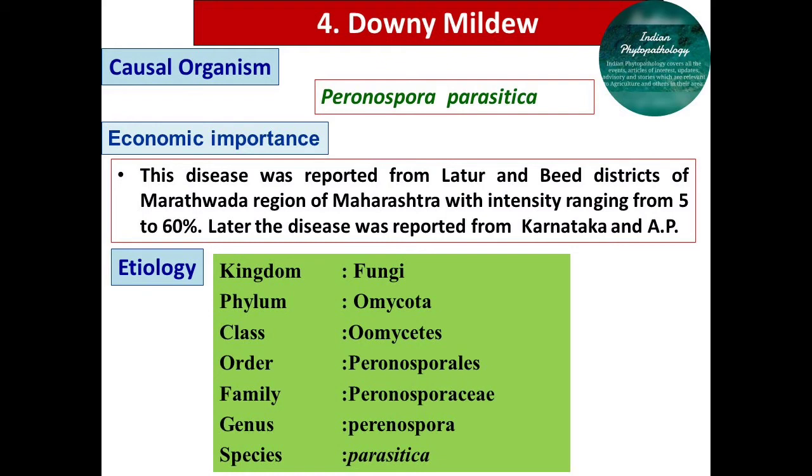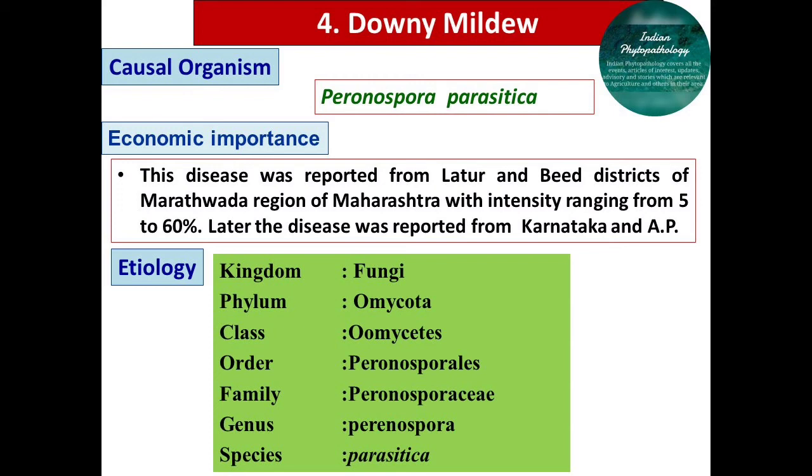Now we will see management. For managing this downy mildew, we have to use regulatory measures to prevent the entry of the pathogen into India. So we can avoid the infection of this disease in new areas. Similarly, we can also follow proper spacing.